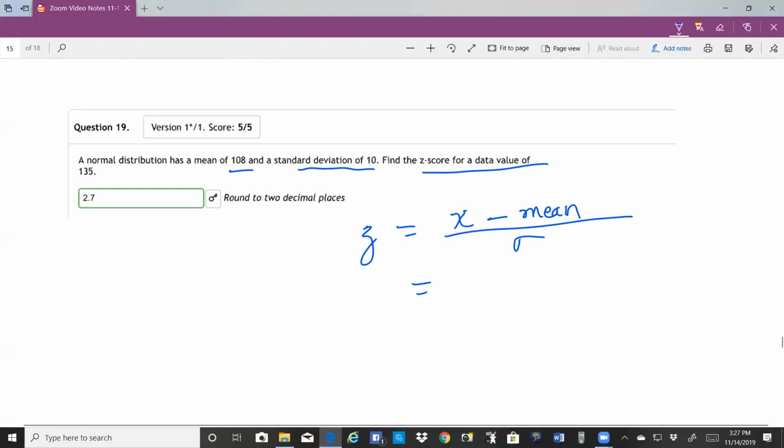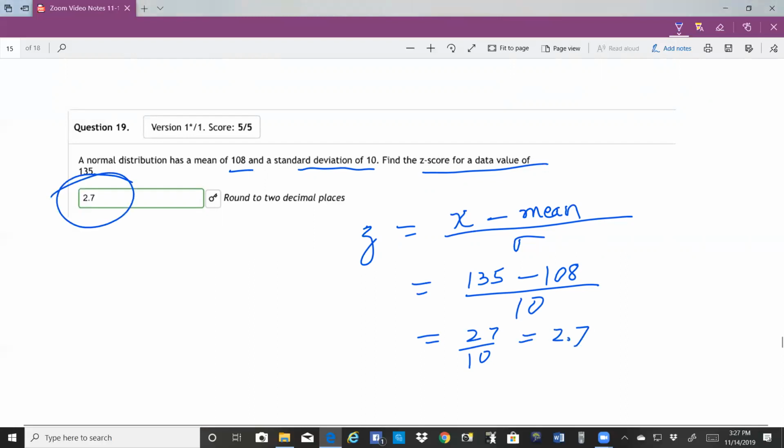So in this case, the data value is 135 minus the mean, which is 108, divided by the standard deviation, which is 10, and this is equal to 27 over 10, equal to 2.7, and that is test 4.